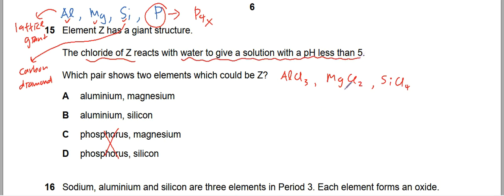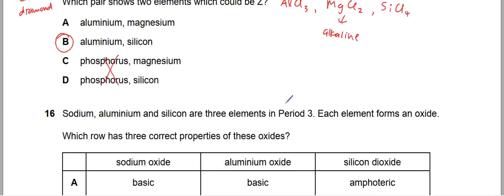We know that magnesium is alkaline, so it will not produce pH less than 5. So the answer is aluminum and silicon. Basically aluminum and silicon will react with water to form an acidic solution.